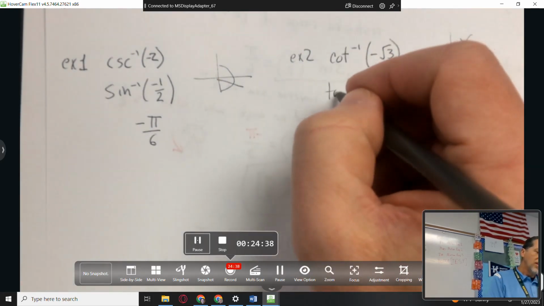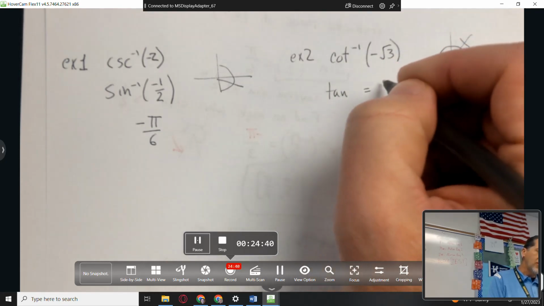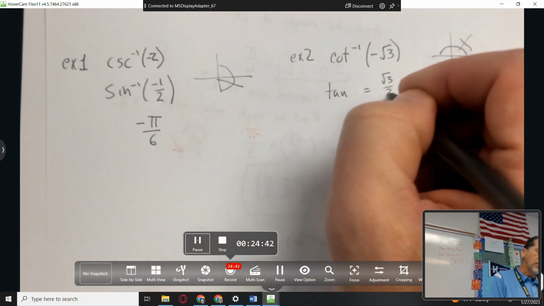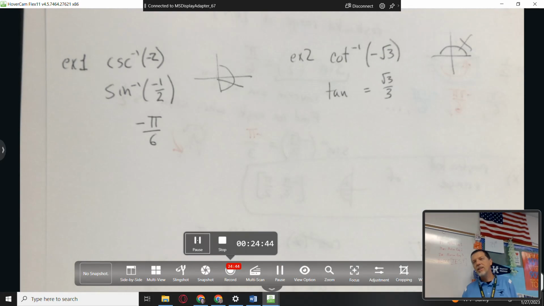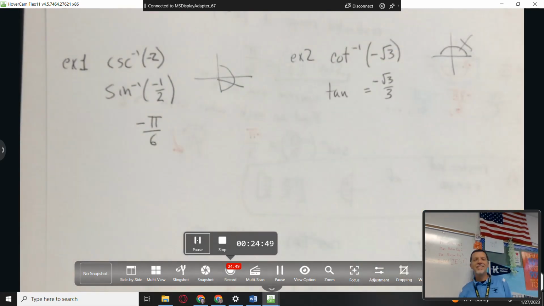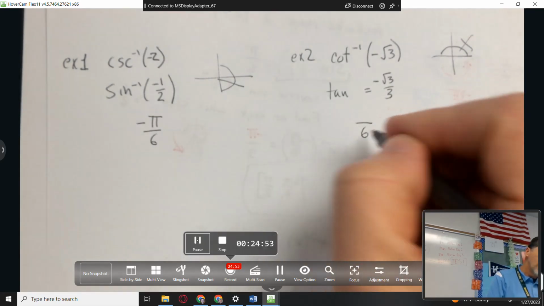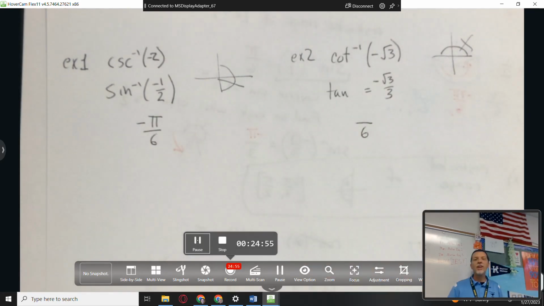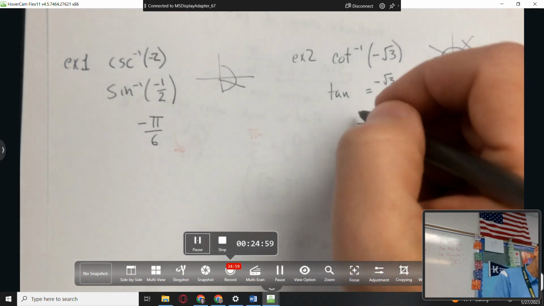So I want to know where the tangent is equal to root 3 over 3, because of the flip thing. Sorry, negative root 3 over 3. That's the over 6 rule. So I need over 6 in the second quadrant. 5 pi over 6.